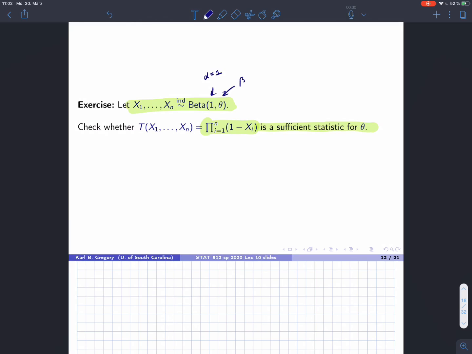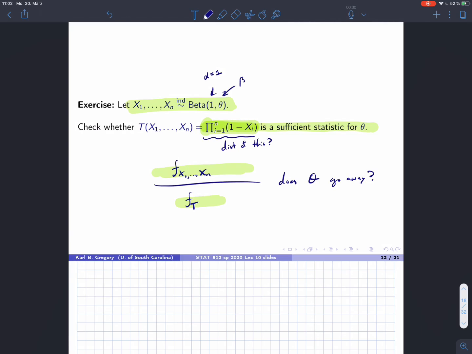Now, if we were to try to do this in the way we've used so far, we would have to find the distribution of this. That is, we would have to find the PDF of this thing so that we could put it down here, and then we would have our joint PDF of X1 through Xn up here, and our PDF of T down here, and we would ask, does theta go away?